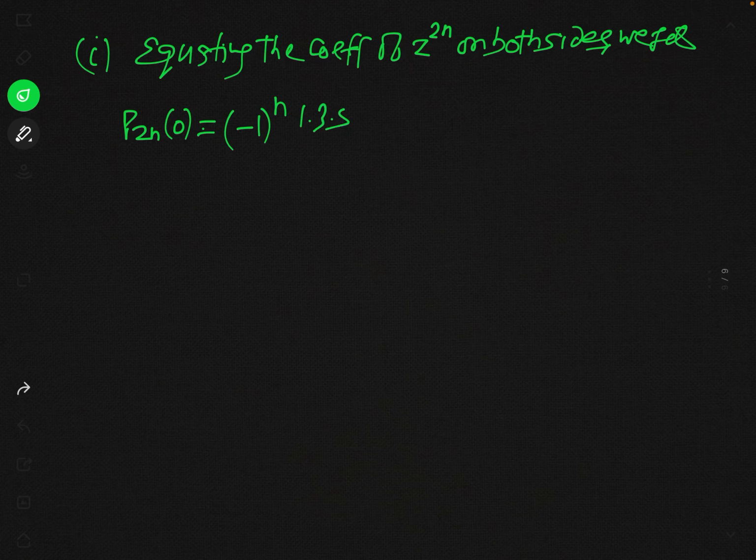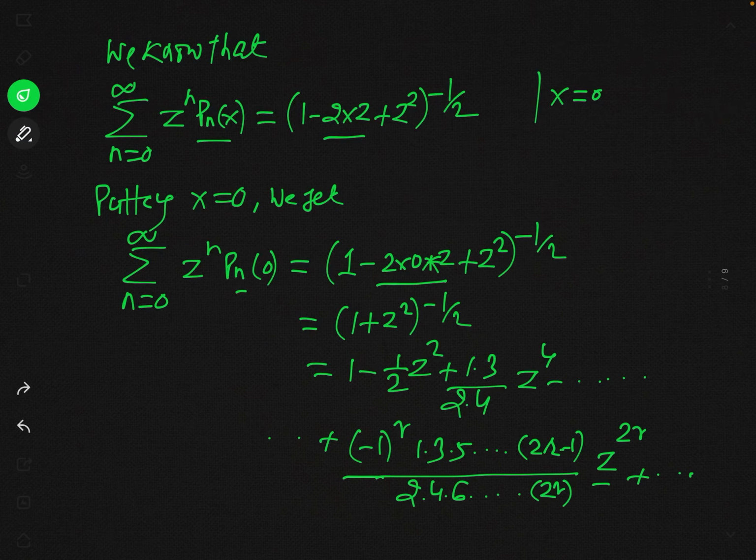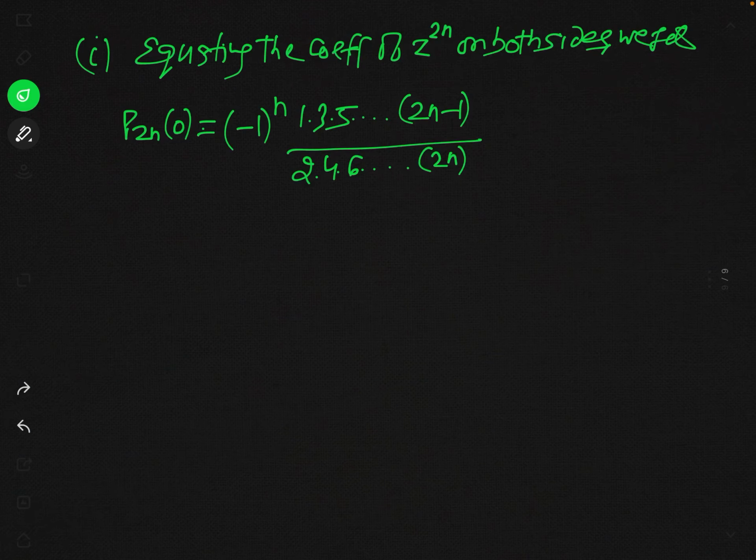P2n of 0 will simply be equal to minus 1 to the power n into 1 into 3 into 5 and so on up to 2n minus 1, divided by 2 into 4 into 6 and so on up to 2n. You can see here z to the power 2r is now z to the power 2n, and its coefficient is what you wrote, only with r replaced by n.